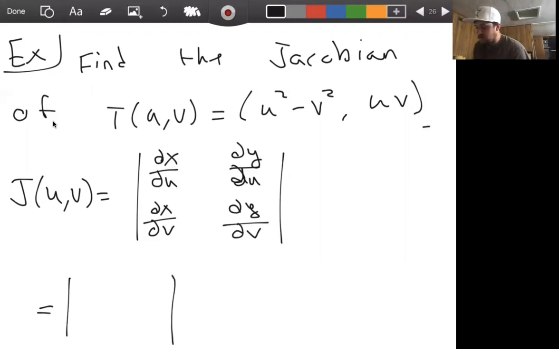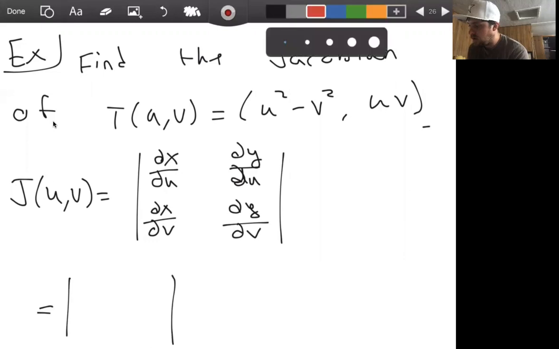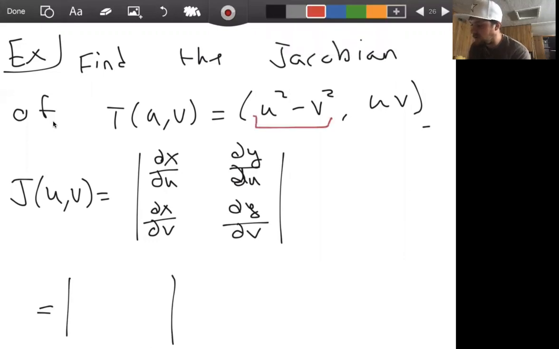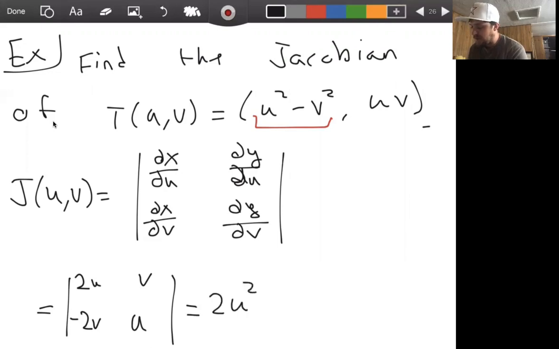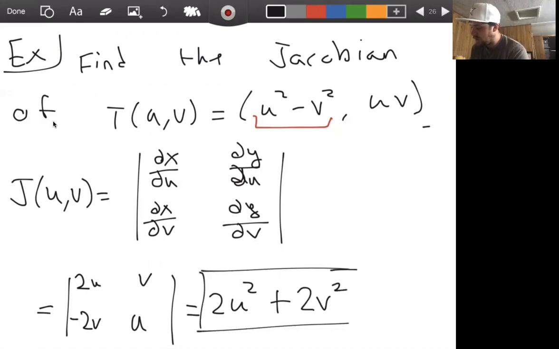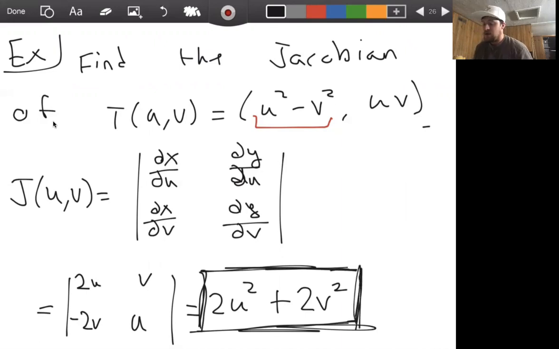Let's plug in the partial derivatives. Partial derivative of x with respect to u, we get 2u. Partial derivative of y with respect to u is v. Partial derivative of x with respect to v is negative 2v. Partial derivative of y with respect to v is u. And so taking the determinant, we get 2u squared minus a negative 2v squared, so plus 2v squared. And so here's an example of calculating the Jacobian. It's just calculating partial derivatives and then setting up the appropriate matrix.